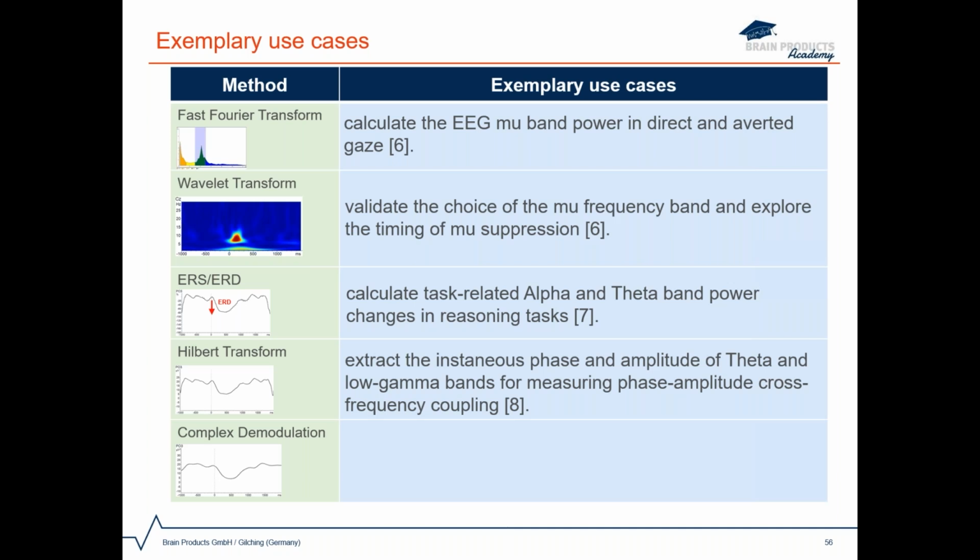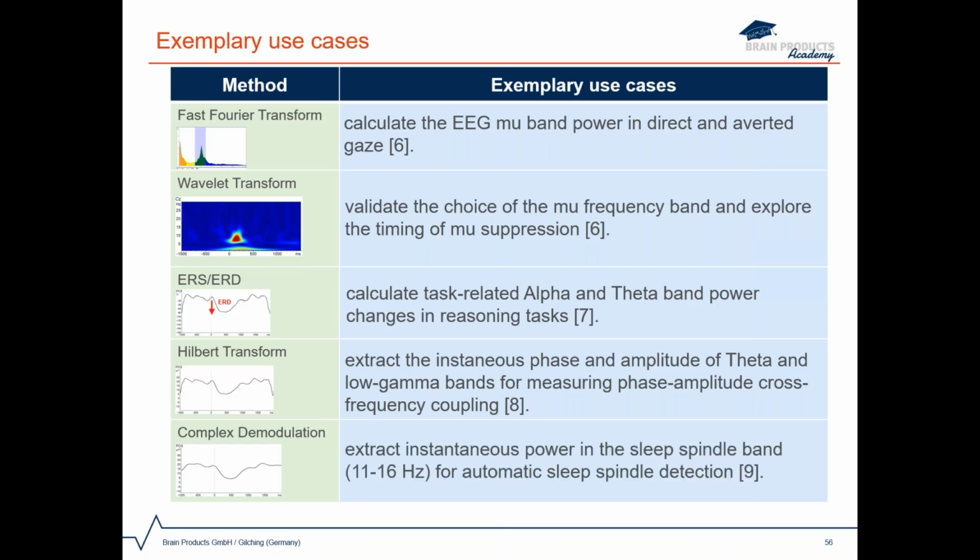The aim was to measure phase amplitude coupling between two frequency ranges of interest. Lastly, in another study, complex demodulation was used to extract instantaneous power in the sleep spindle band to facilitate the automatic detection of spindle events between individuals.